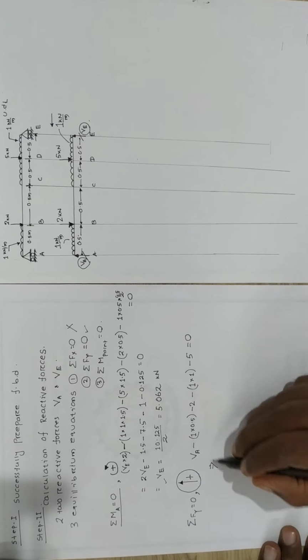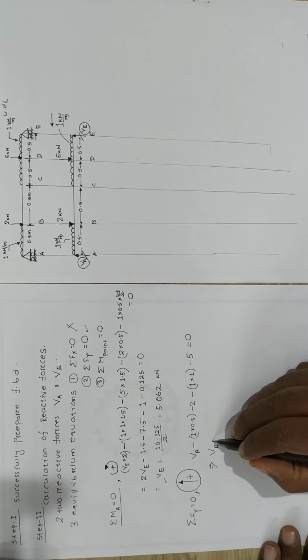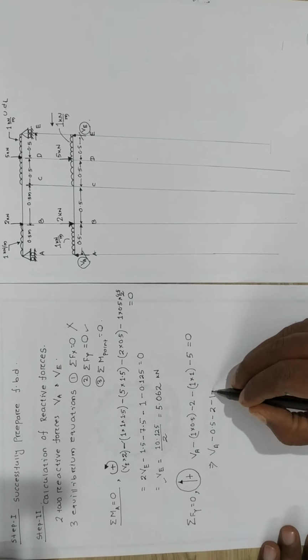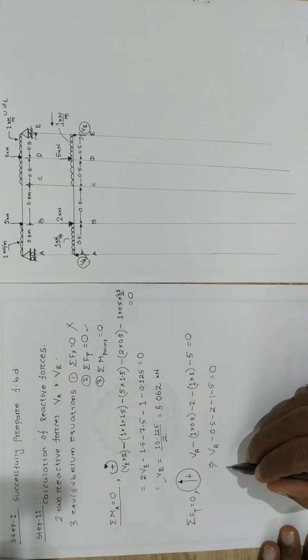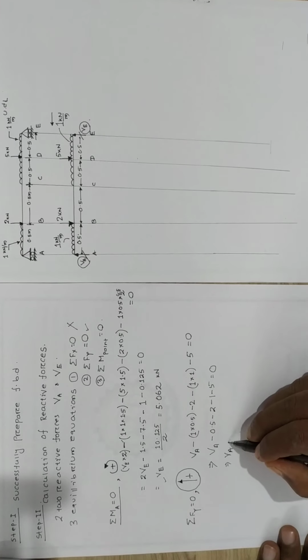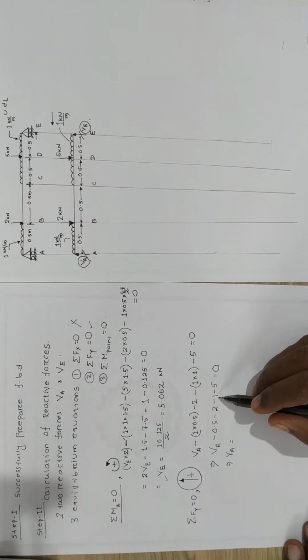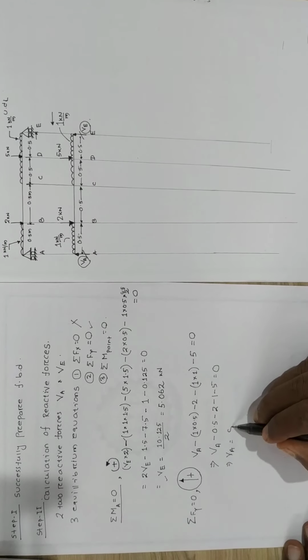So VA minus 0.5 minus 2 minus 1 minus 5 equal to 0.